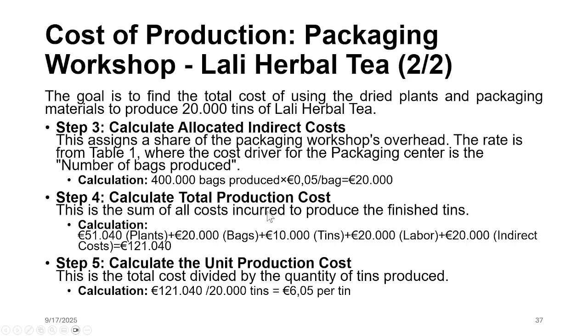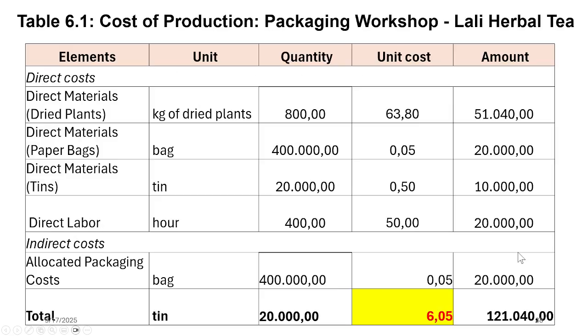We calculate the total production cost to be the sum of the costs incurred to produce the finished tins. It means the cost of the direct material, the packaging material used, the direct labor, and the indirect cost, where the sum is 120,040 euro.